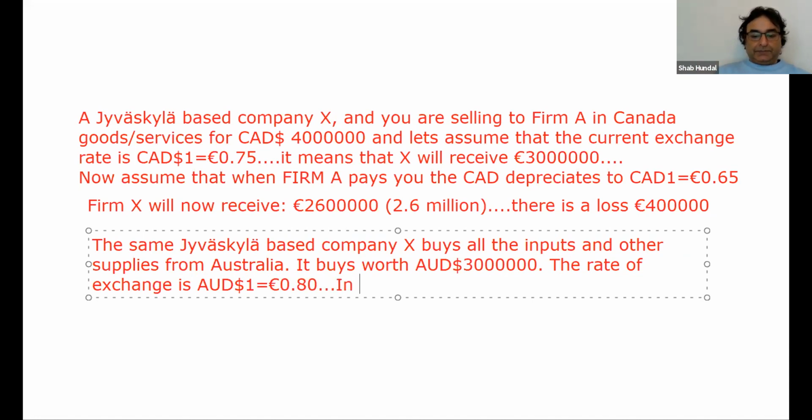In other words, X will pay how much? That should be 2.4 million, I think. X will pay 2.4 million.